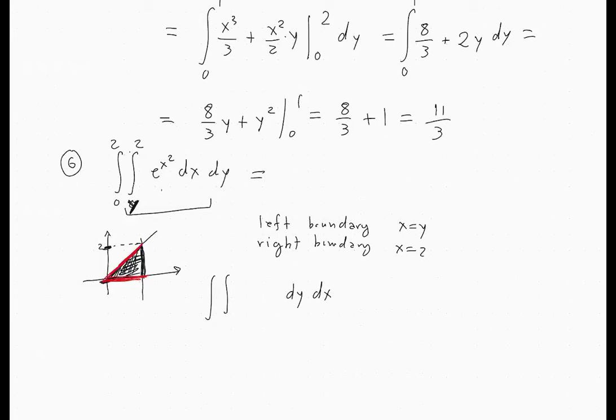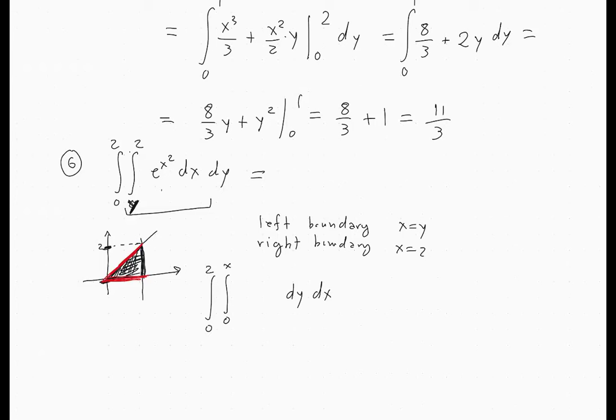So that means that we will go from y equals 0 to y equals x. And then the horizontal range of all these vertical integrations is going to be from 0 to 2. And the integrand is simply e to the x squared.